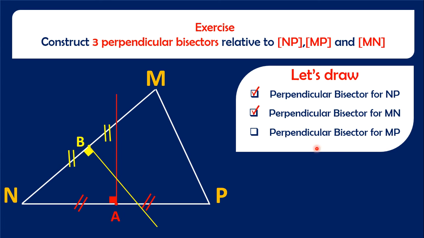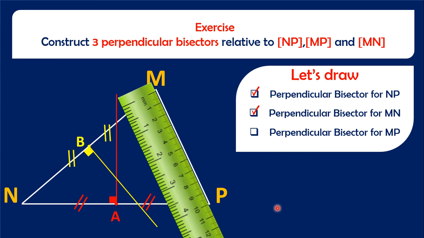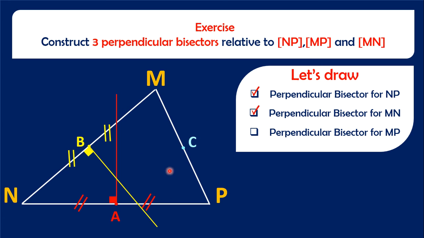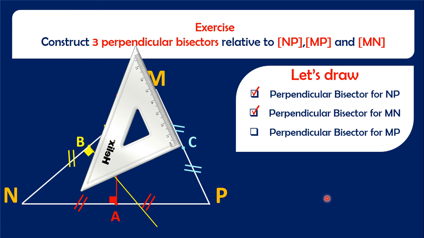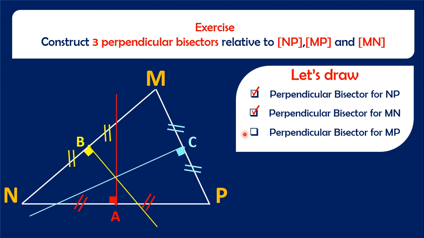The third perpendicular bisector for MP, the same way. We bring a ruler. It is 10 centimeters. Half of 10 is 5. We put our midpoint. Then we bring the set square and we draw a perpendicular line for MP passing through C. Our third step is finished.